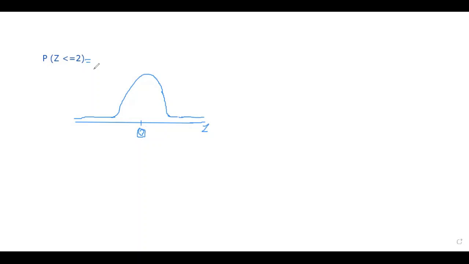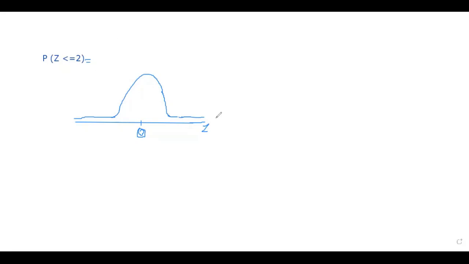In standard normal distributions, the numbers above the mean have positive Z values, and the numbers below the mean have negative Z values.